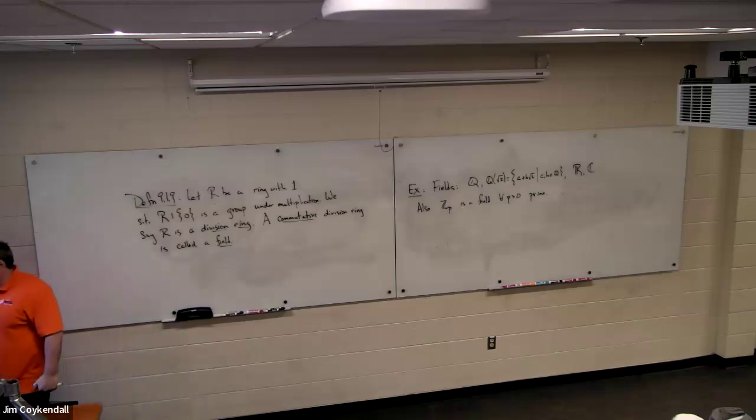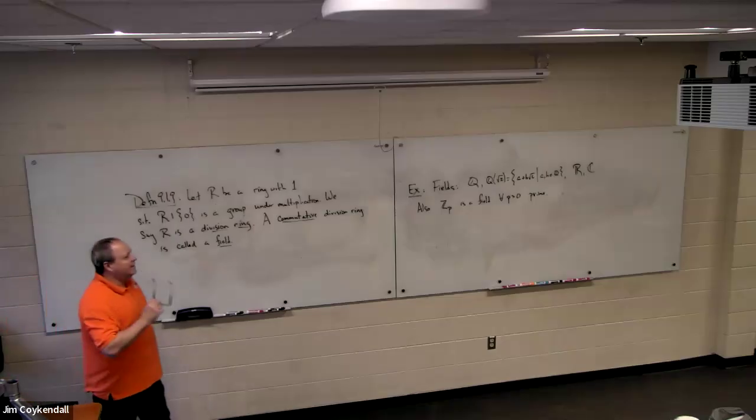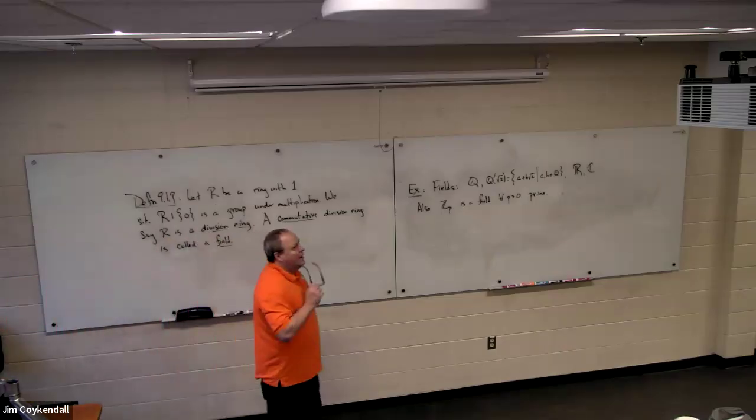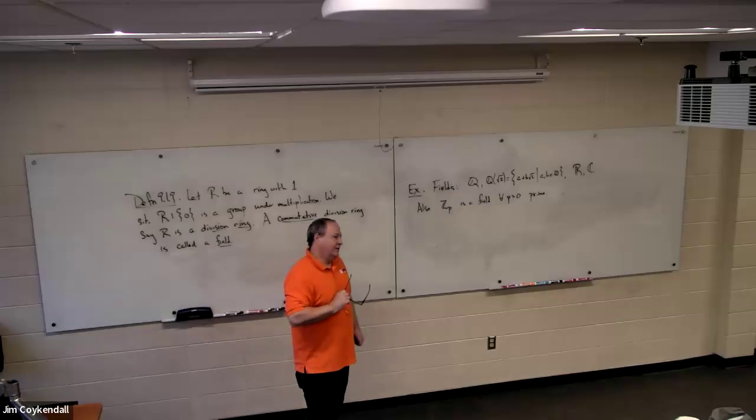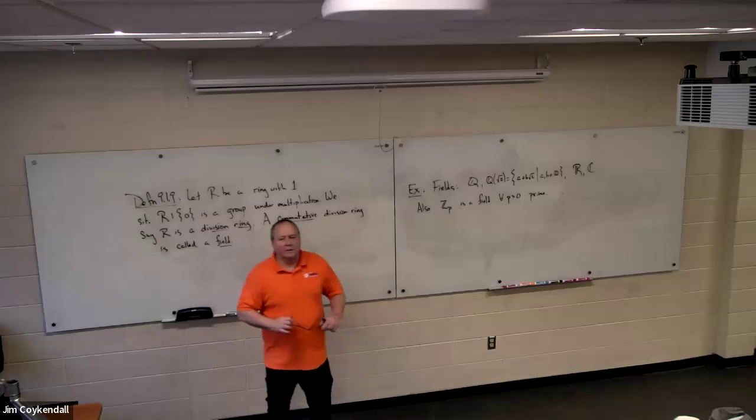All right, so like a field, only it's really not commutative. Would all invertible matrices be one? That's a good idea. Here's the problem with that though. That's not closed under addition because you can sometimes add invertible matrices and they're not invertible anymore.